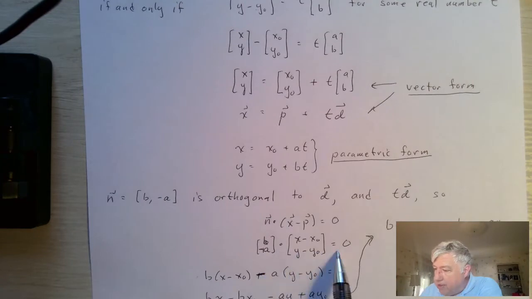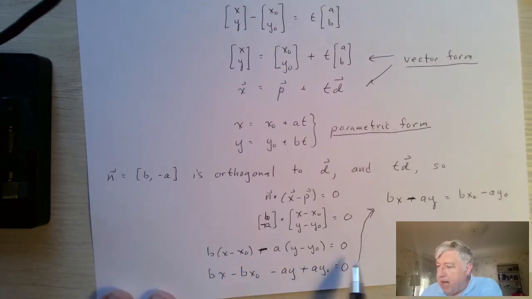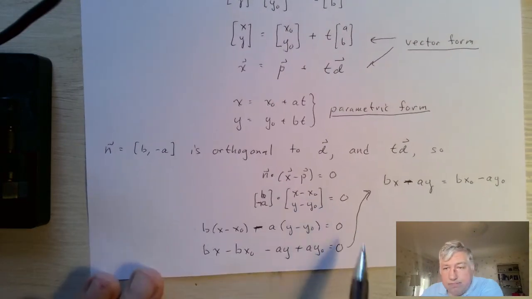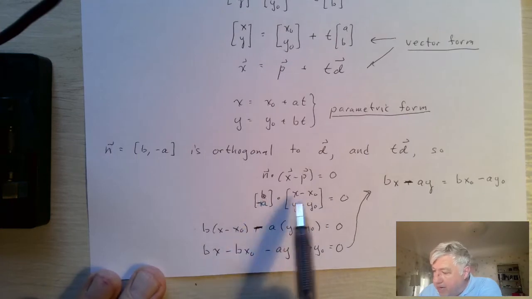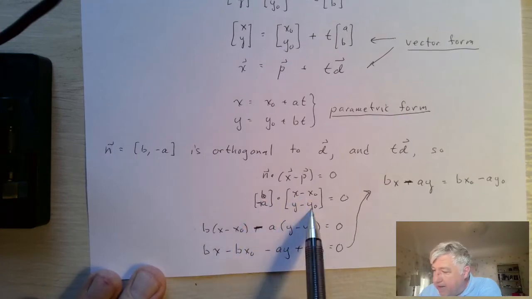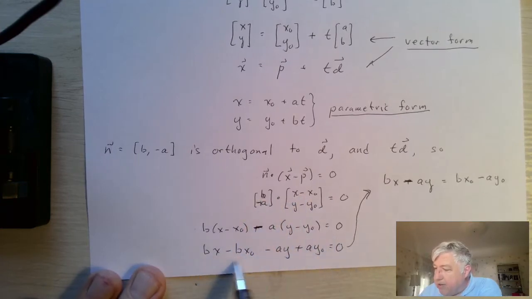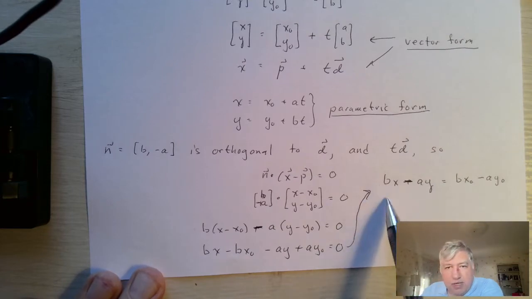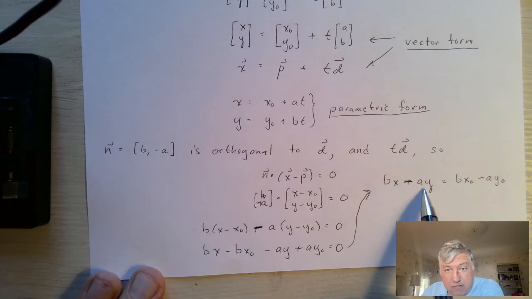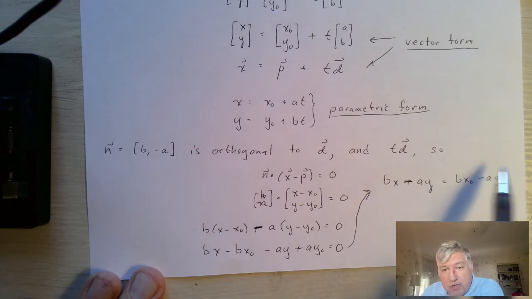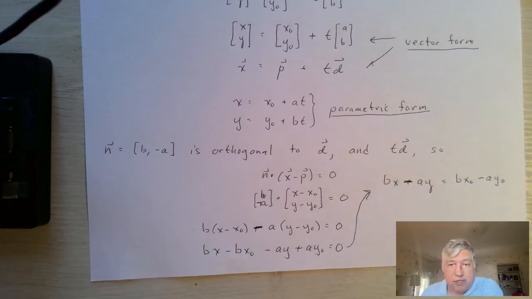So this is 0, and if we multiply this out, we have b times this plus negative a times this equals 0. We distribute, and we get something like this. Once again, we get something times x plus some number times y equals some number here. Remember, x0 and y0 are just numbers, whereas x and y are variables. So we're right back to the general form.